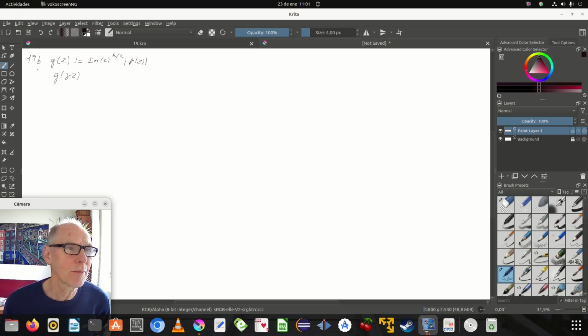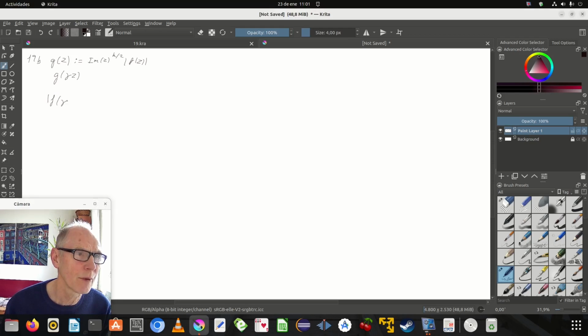So we go on with 19b, where a function is defined this way, and we have to compute this guy. So first it's f of gamma z we need to worry about, and it's cz plus d to the minus kth, f of gamma z.